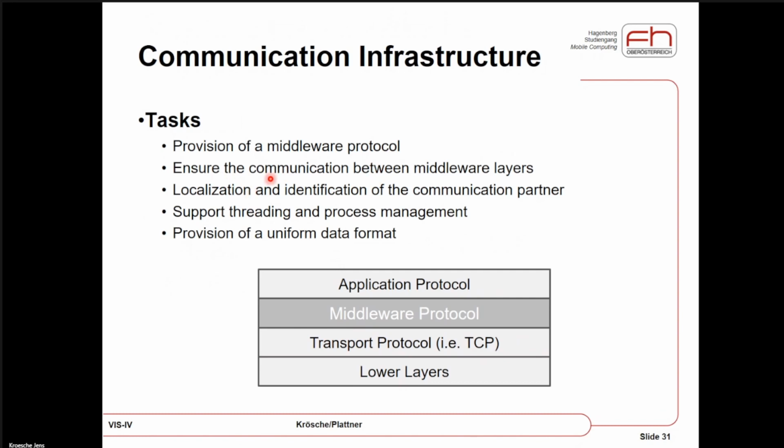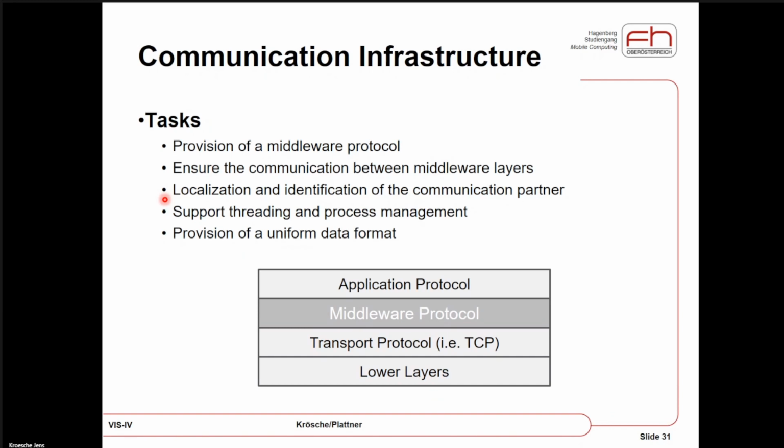Of course, it gives us the power to communicate between the layers of the different computers. And another thing that is quite nice is that where we previously had to specify, okay, I want to talk to a computer that has this IP address, and I want to talk to the service that is hidden behind this port number, now everything is hidden from us. There typically is some kind of broker involved. We just ask the broker, I want to contact this service. So we are not talking about servers anymore. I want to use this service.